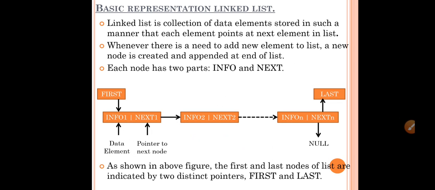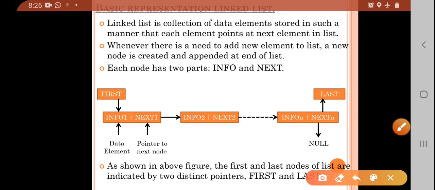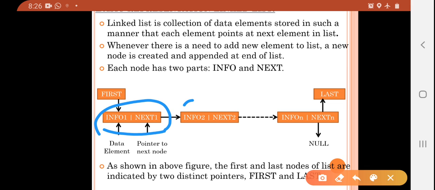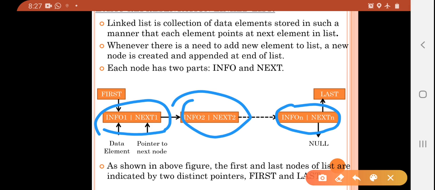Each node contains two parts, that is the info and next part. As shown in the figure, there is info 1, this is one node, and this is the second node, and this is info n, so we have n nodes in this list.